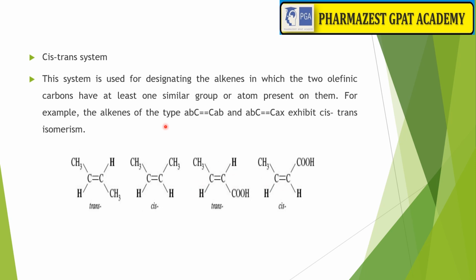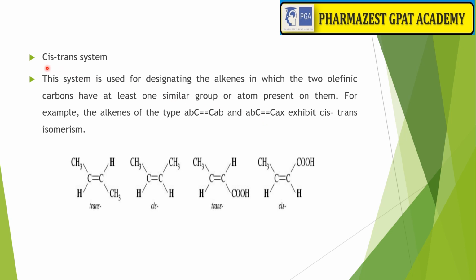Next, coming to cis and trans systems. This system is used for designating the alkenes in which two olefinic carbons have at least one similar group or atom present on them. In the previous slides, as I told, if it contains equal, that is same atoms, then geometrical isomerism is not seen.